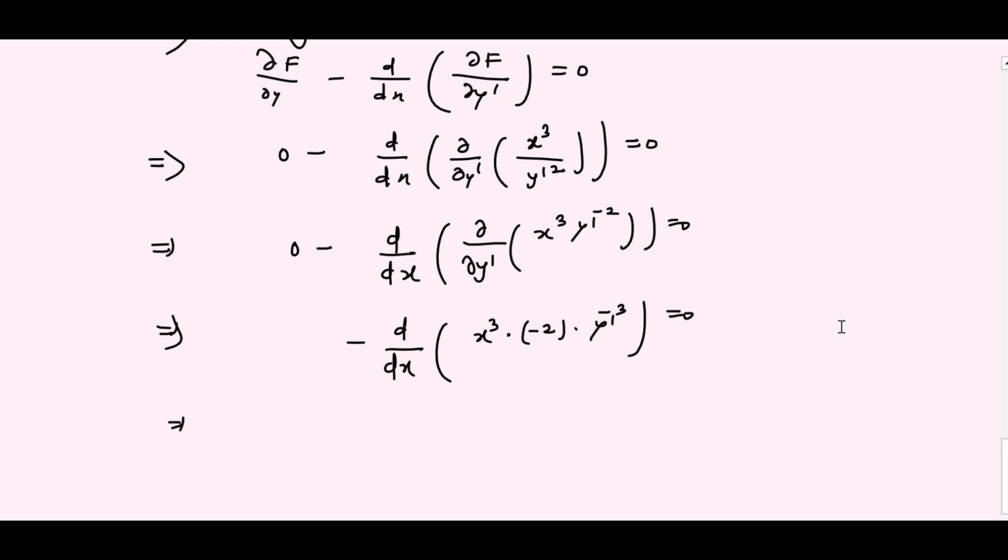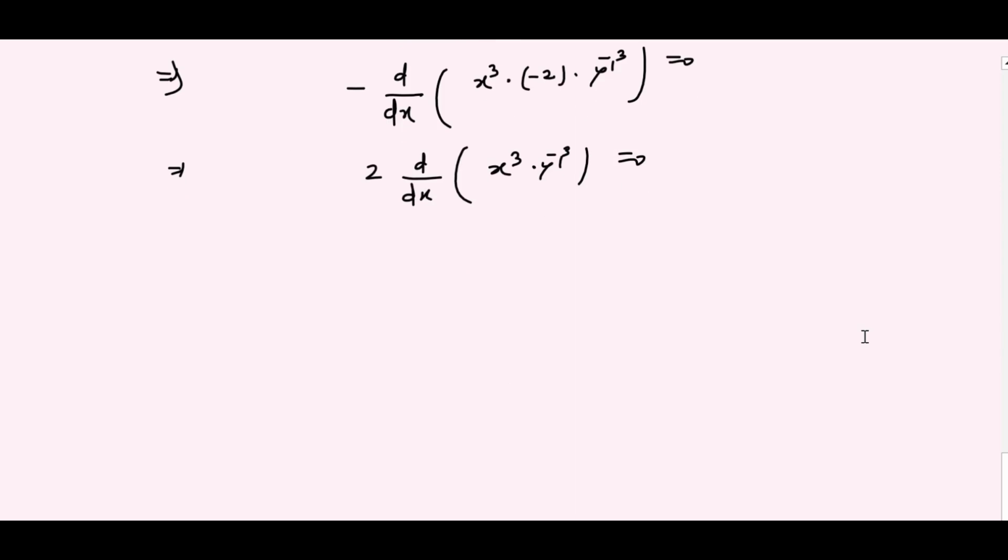So now this will give, taking the negative 2 outside, positive 2 d/dx of x to the power of 3 multiplied by y' to the power negative 3 is equal to 0. So now taking the integration on both sides, it will give x to the power 3 y' to the power negative 3 is equal to c as a constant.